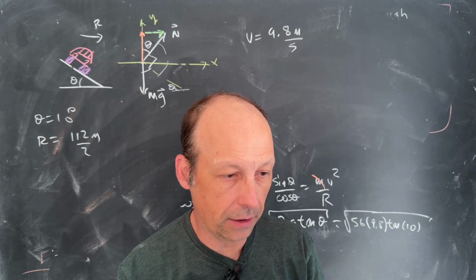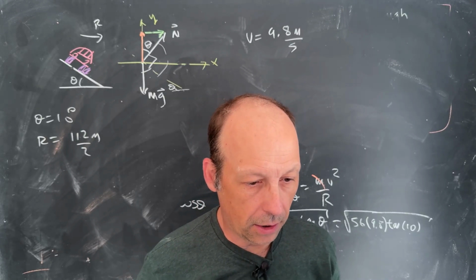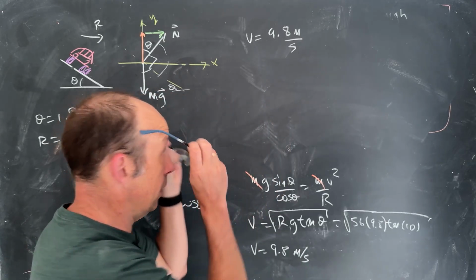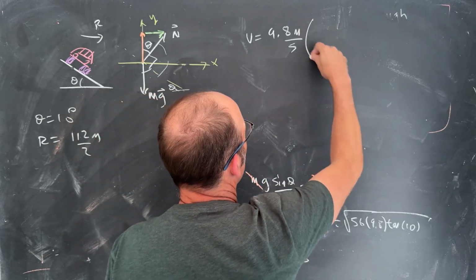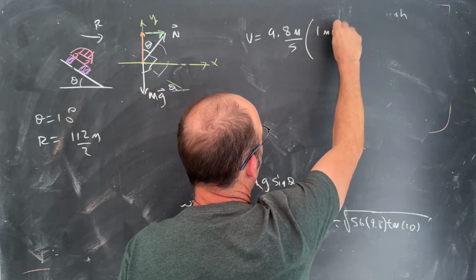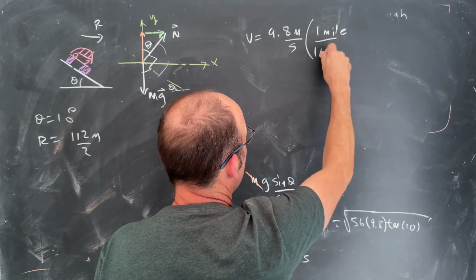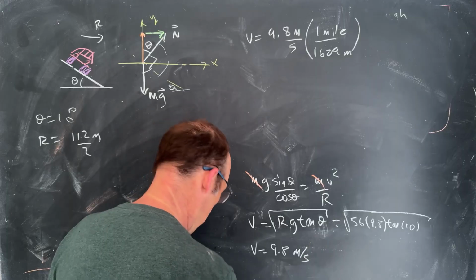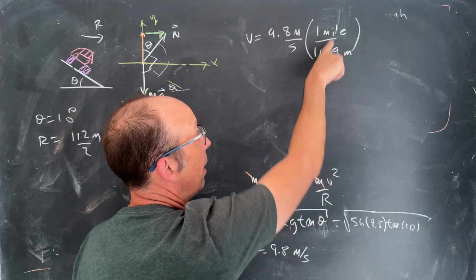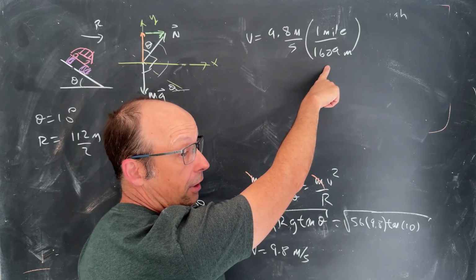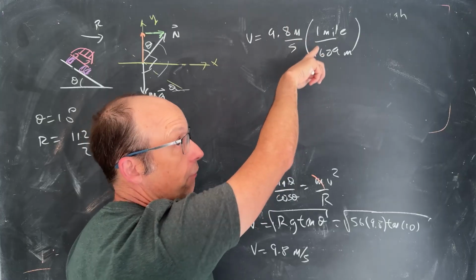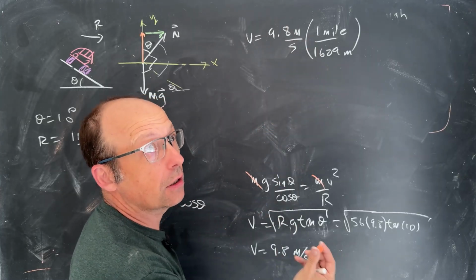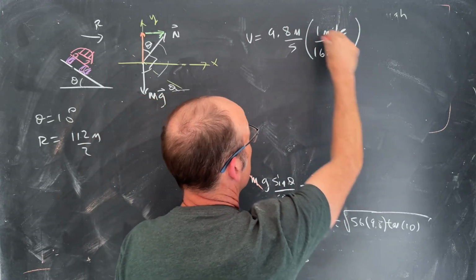You could do the whole thing in Google, but I don't want to do that. 1609. Let's just go with that. So what I'm going to do right here is multiply this by 1 mile divided by 1609 meters. So if I do that, the meters cancel, right? 1 mile is 1609 meters. So this is multiplying this number by the fraction 1. So I'm not changing the real value. I'm just changing the units.